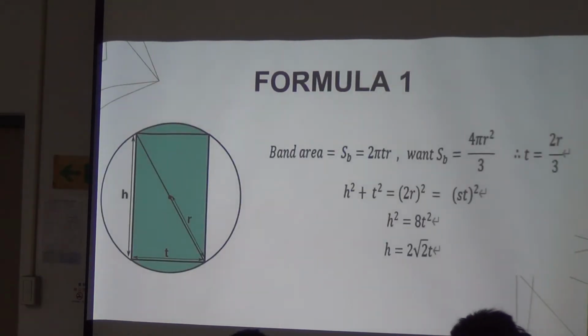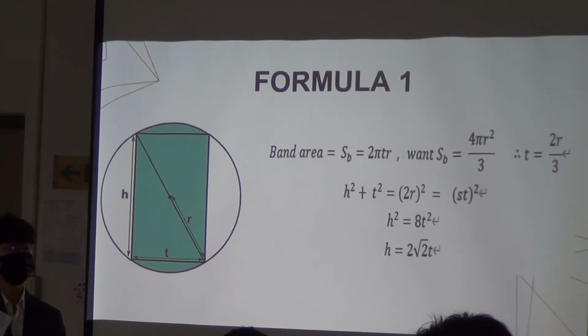Okay, so the first formula we use to get the outlook of this dice is that you imagine there's a sphere, and we cut a band on this sphere. So this band means the edge of this coin.